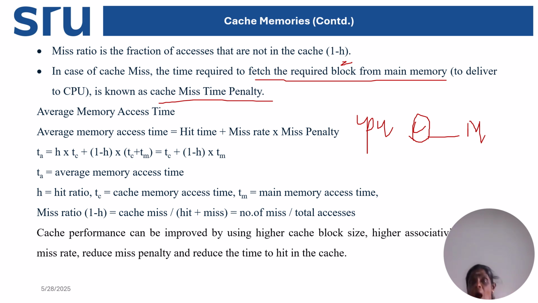The time for fetching the data is more, because first it has to reach main memory, second it has to be stored in cache, and third it comes for execution. For these three steps it takes some time. This is the maximum time delay, and this time delay is known as the cache miss time penalty.